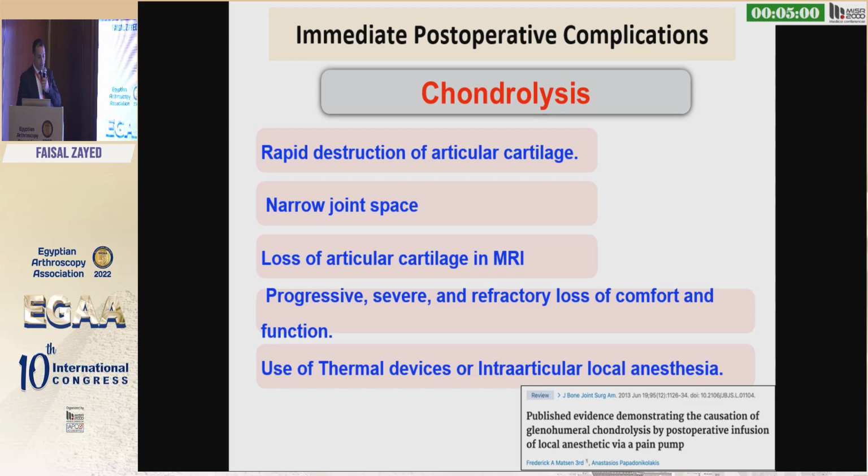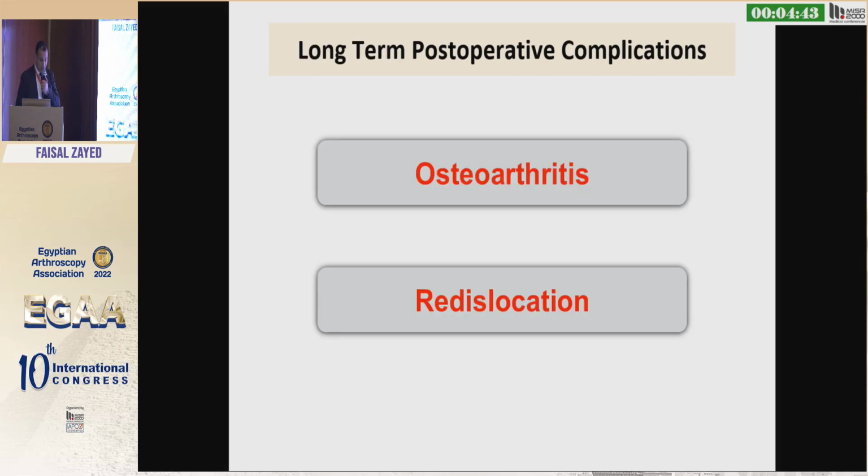The cause may be due to extensive use of thermal devices or intra-articular local anesthesia. So avoid the excessive use of thermal devices and avoid intra-articular injection of local anesthesia.